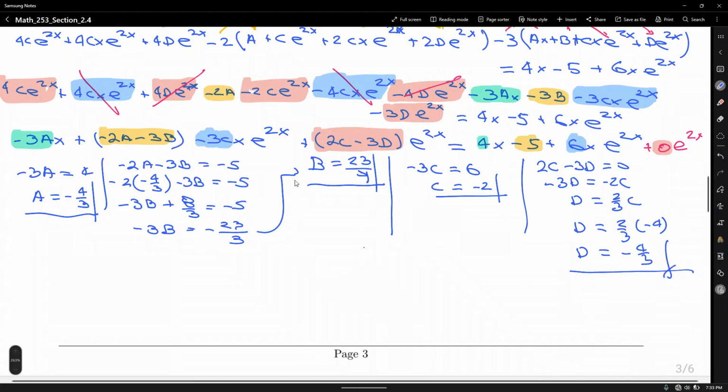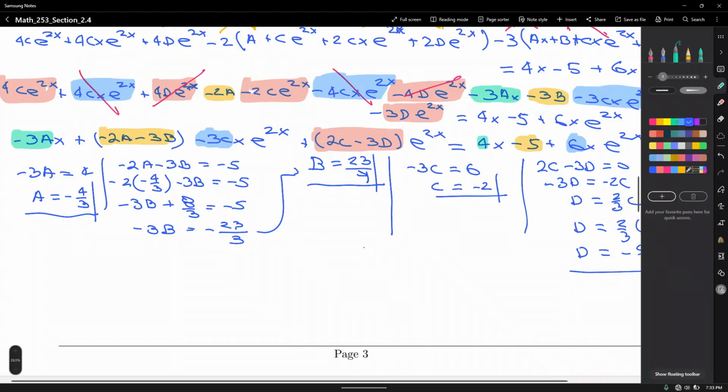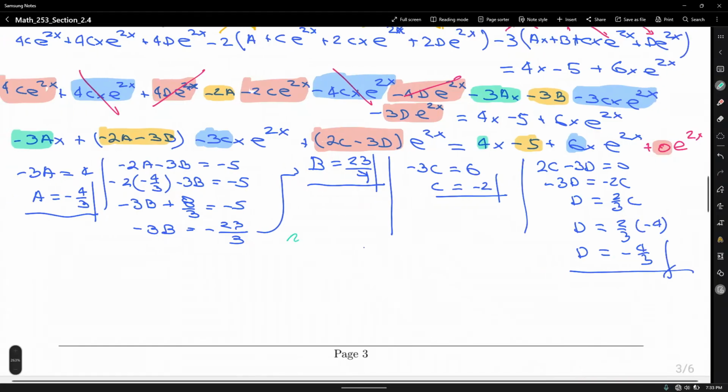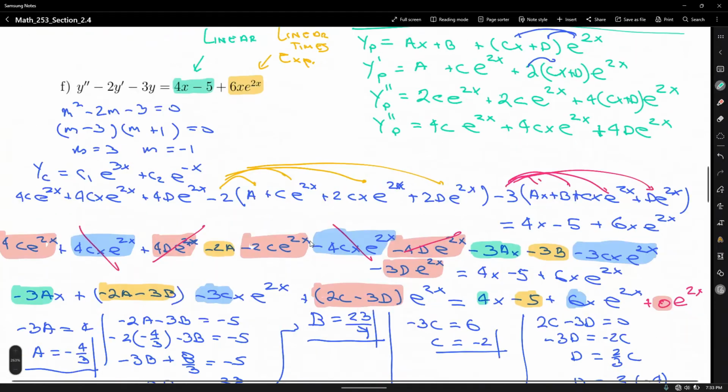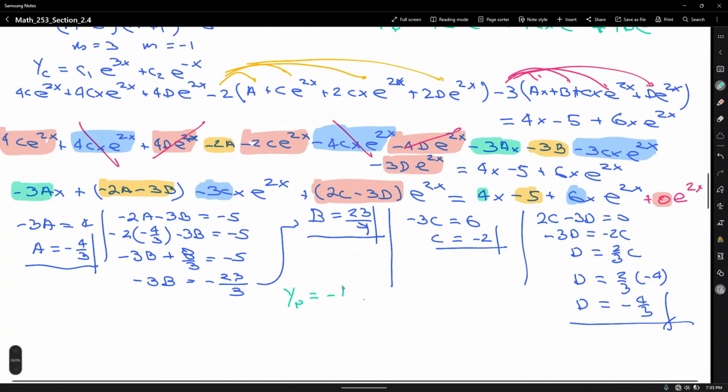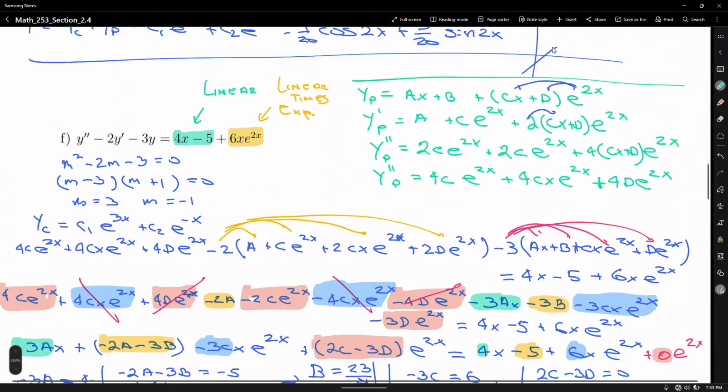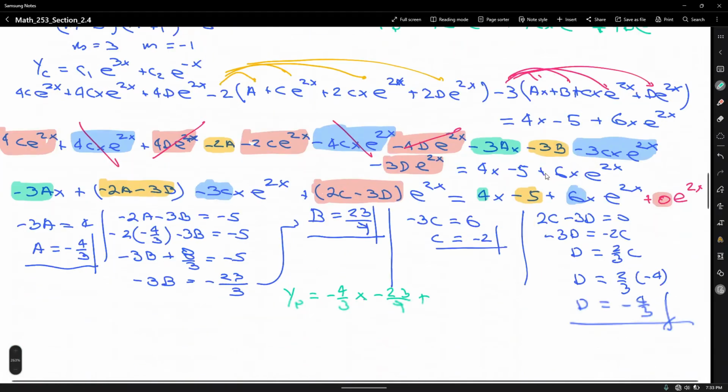All right, and we already have all the coefficients, so what are we going to do here? We can go back to the form of y sub p. Let me use a different color for this. So y sub p. What do we have? Oh, we had it at the top. So ax plus b, where a equals negative 4/3 x, plus b, which is minus 23 over 9, plus cx plus d, where c equals negative 2x plus d, which is also negative 4/3, e to the 2x.